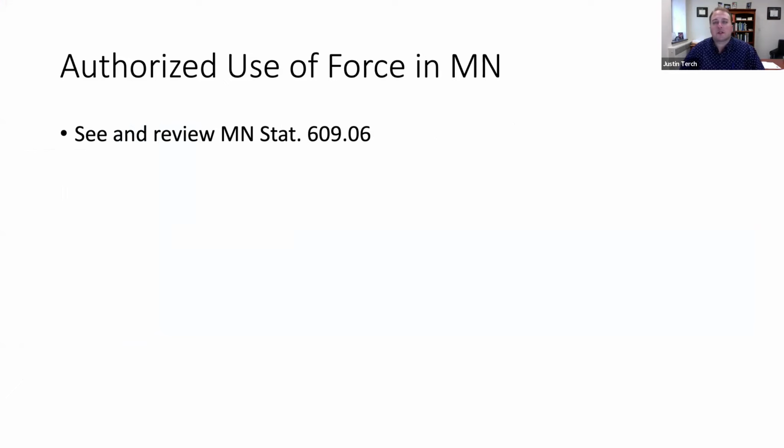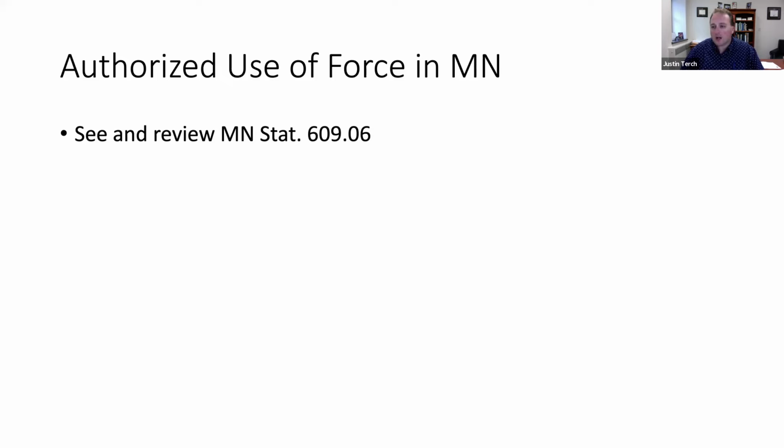And force is basically, at least in our context, the exertion of our will against another. So it would include certainly shooting somebody, but it would also include using OC spray. It would include going hands-on with somebody. It would include restricting somebody's movement, things like that. So it's an important statute for you to read.